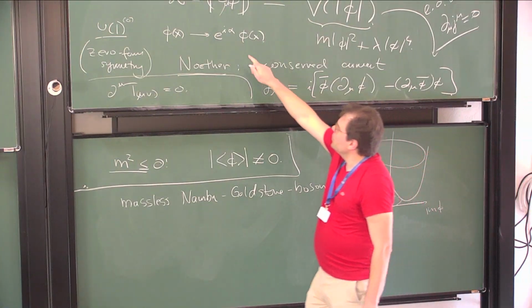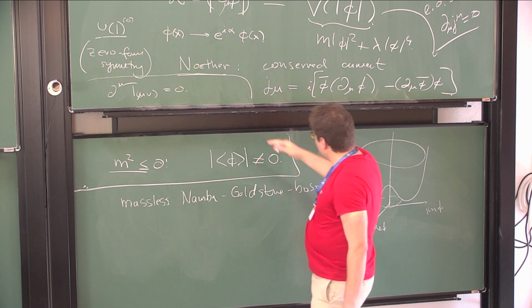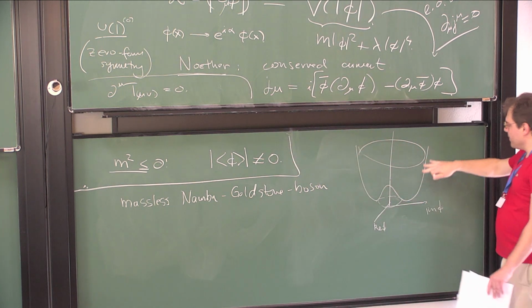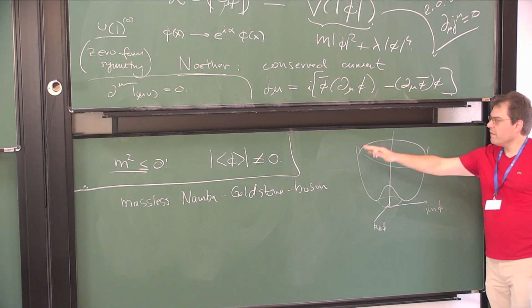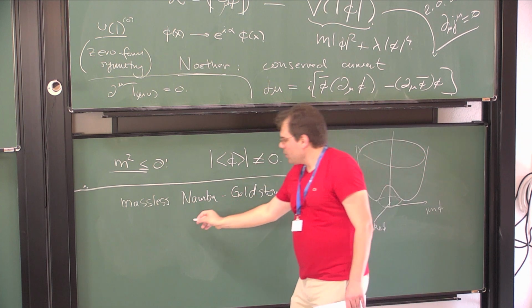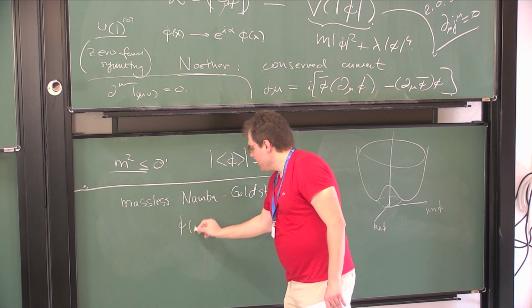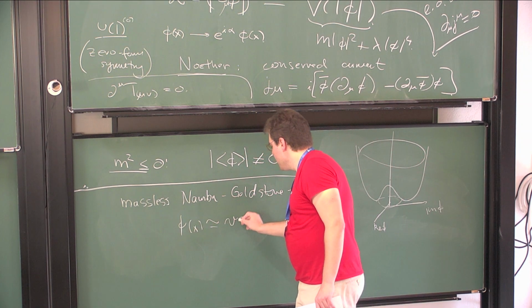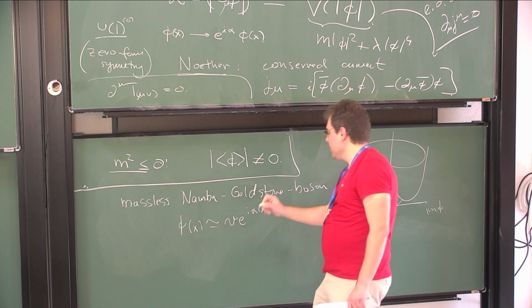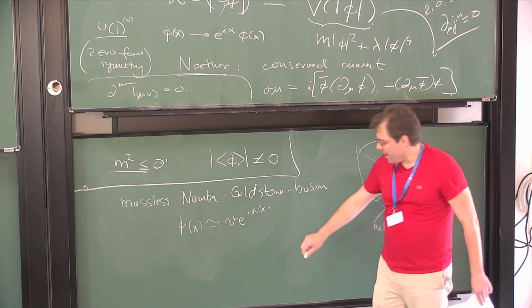One way to describe this Goldstone boson is to recognize that the radial mode of the phi field in this symmetry breaking vacuum is massive. So at very long distances, you can approximate the phi field by its vev, but you need to retain the phase.